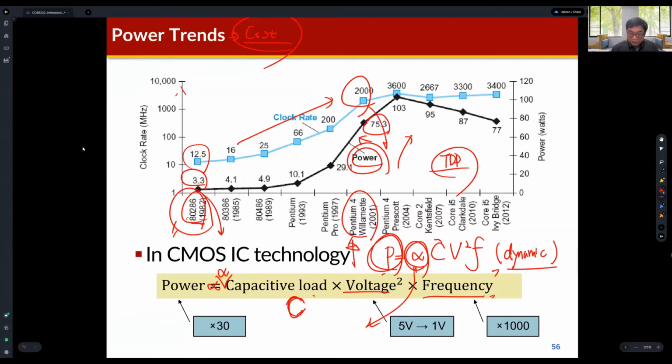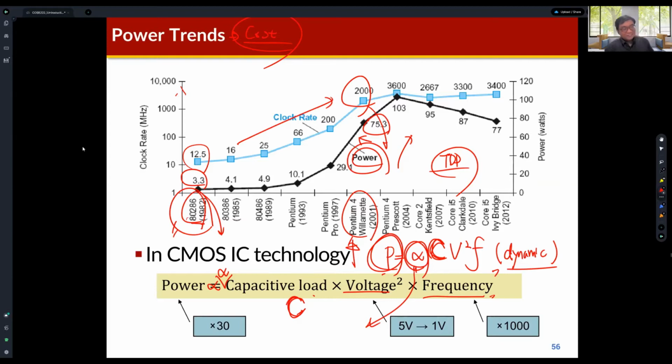How about the C? C is the capacitance of the circuit. In this equation, C is the summation of the overall capacitance in the digital circuits.